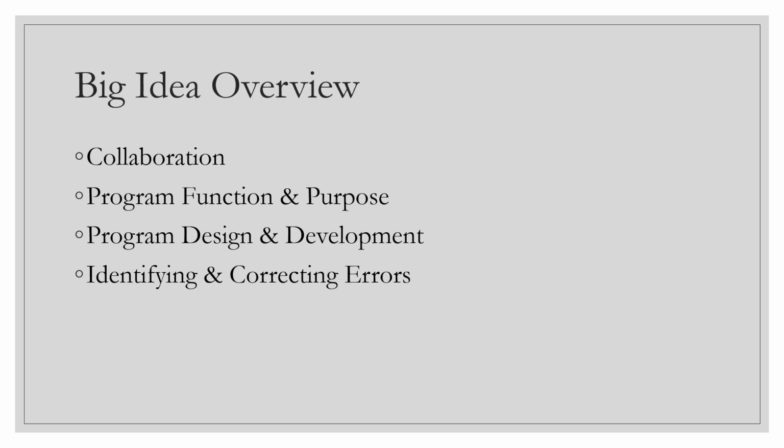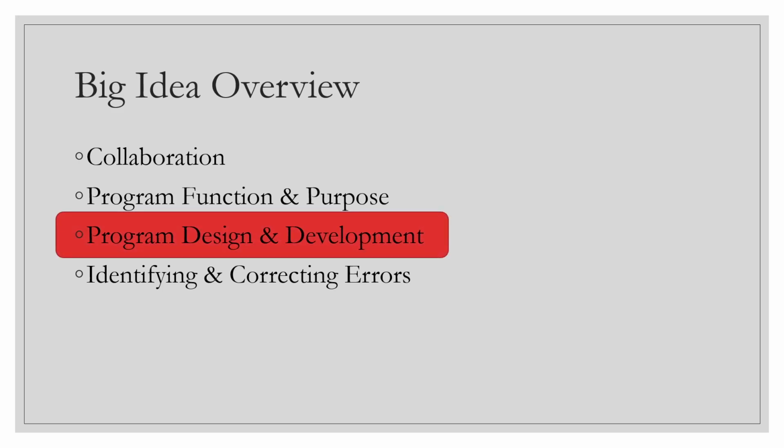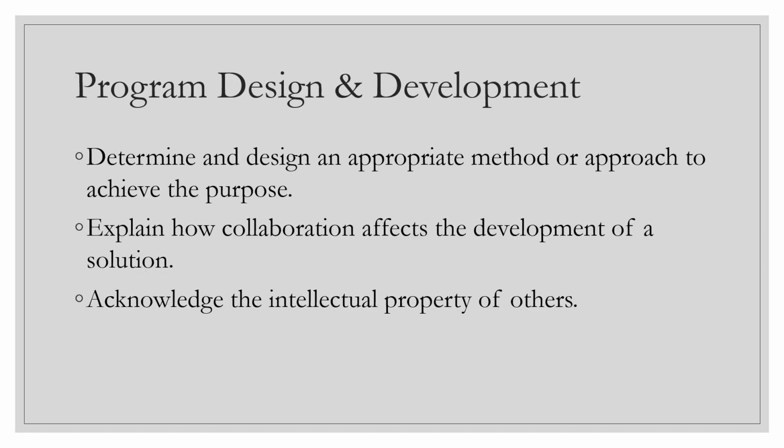So we've already covered the second of these critical ideas for the big idea, which is the program function and purpose. Now we're going to move on to describing what it means to talk about program design and development.